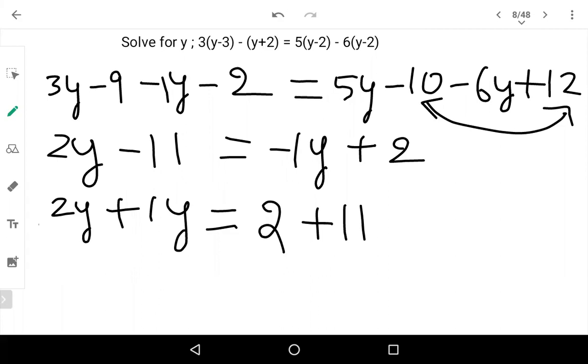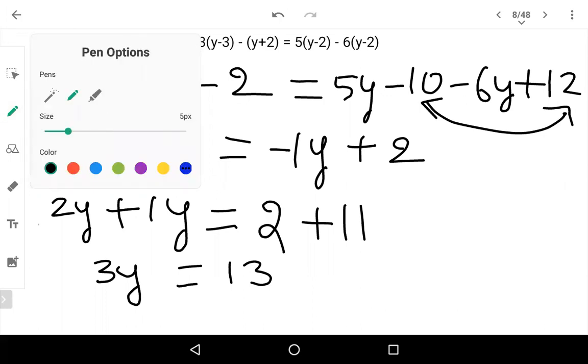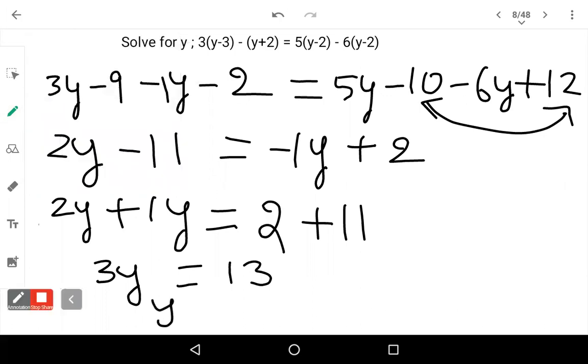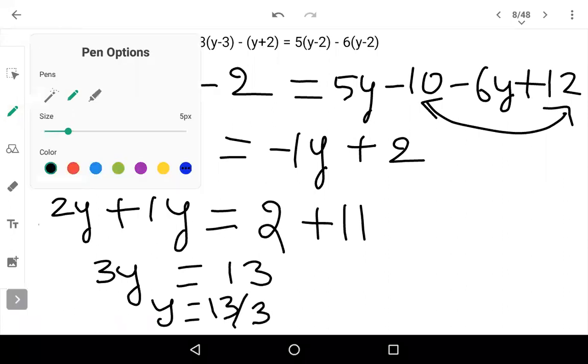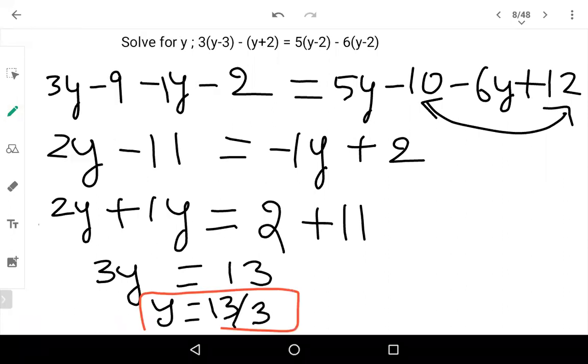So I have 3y is equal to 13, and therefore y is equal to 13 by 3. So this is going to be your y value. You can find the decimal value, but it is always preferable to leave it in fractions. Okay, 13 by 3, leave it there. That will be the value of y.